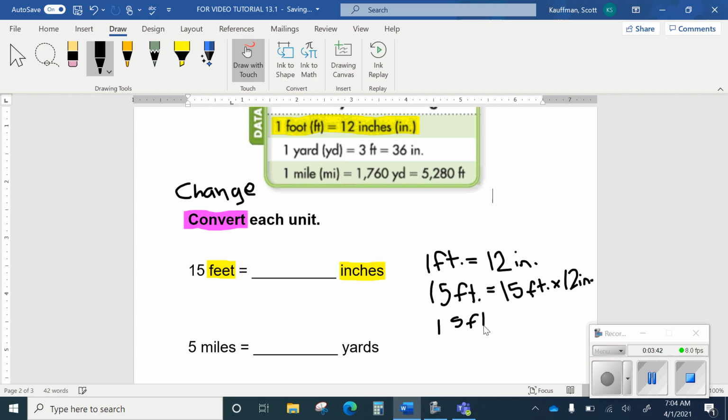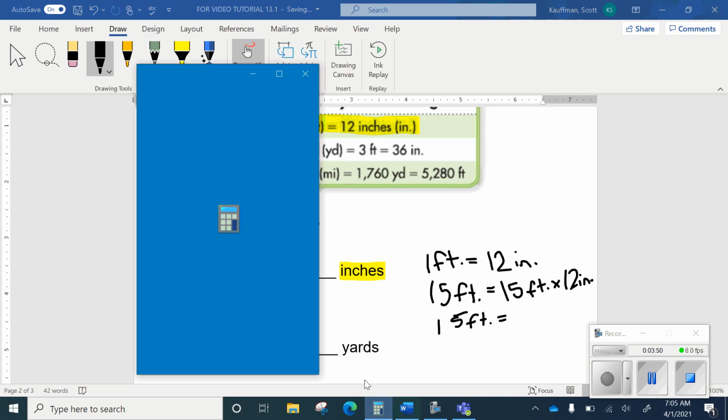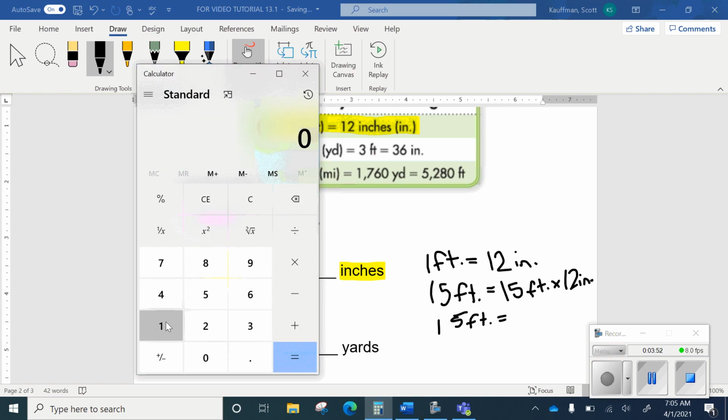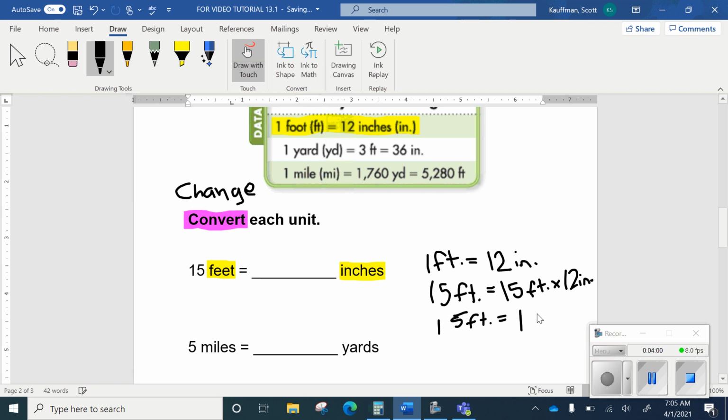So excuse my sloppy handwriting. All right, so 15 feet is how many inches? So let's use our handy dandy calculator. Type in 15 times 12, and we get 180. So that means that 15 feet is equal to 180 inches.